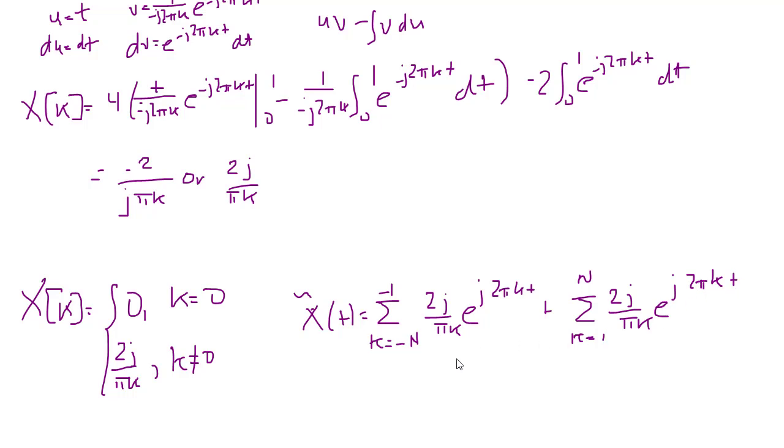Notice, very important that you cannot write the summation from negative N to N, because then you would get that middle term, which would be divide by 0. So you have to separate it into these two summations so that you catch the fact that X of 0 is 0.